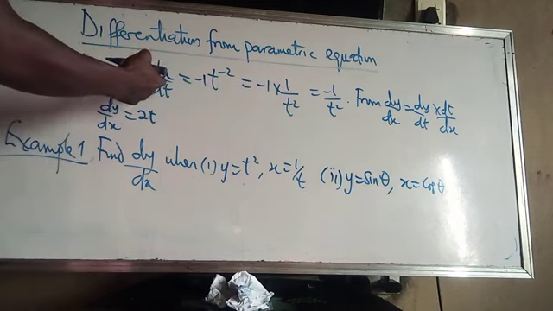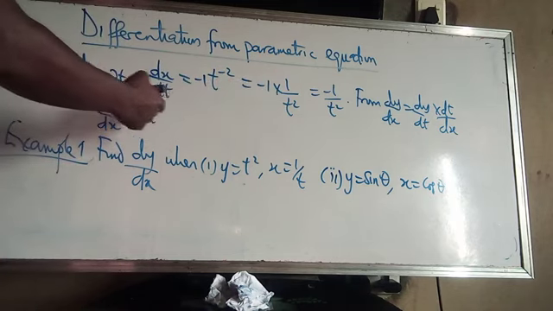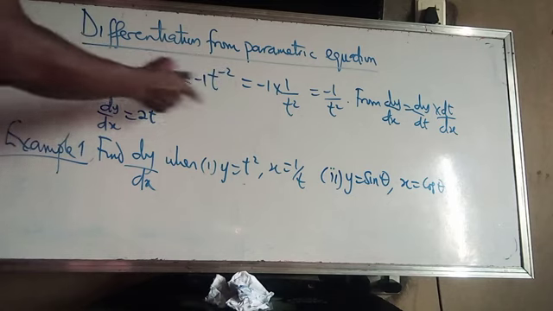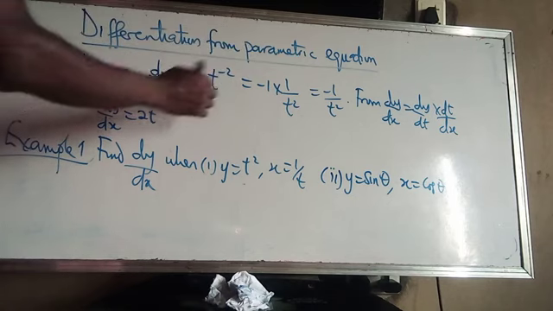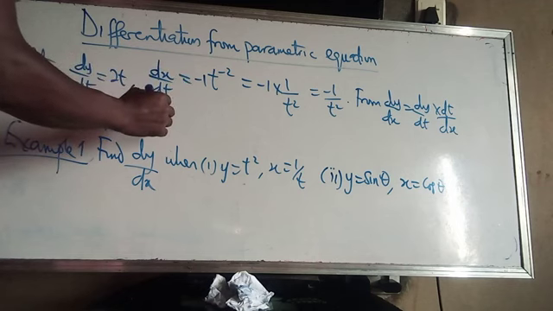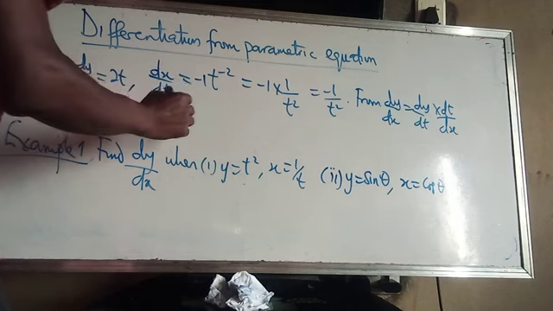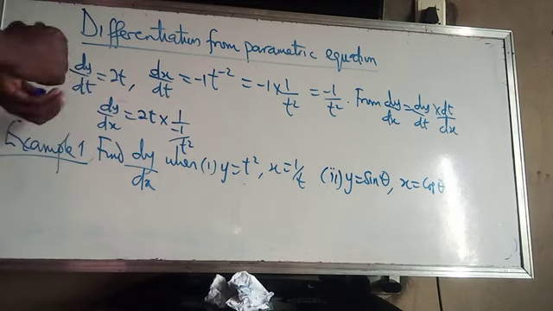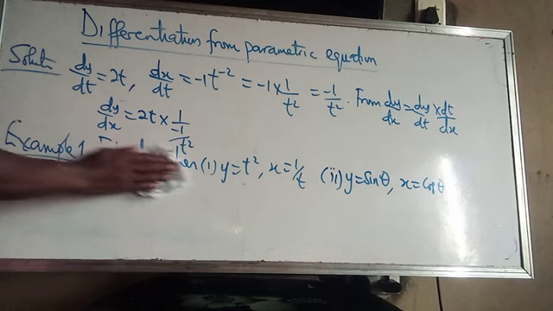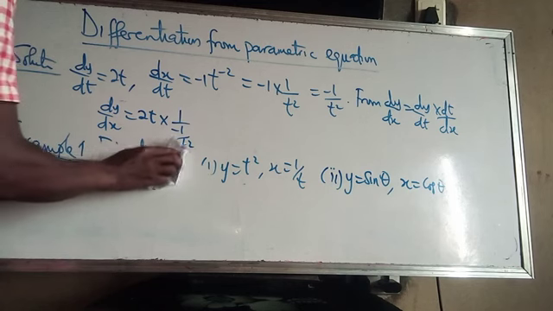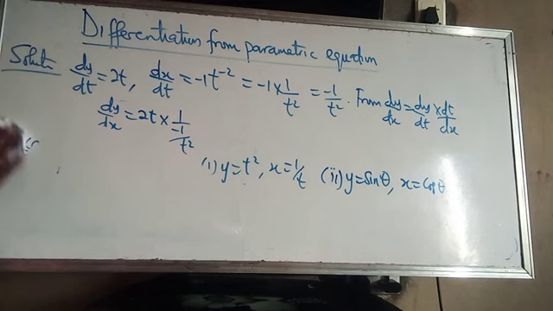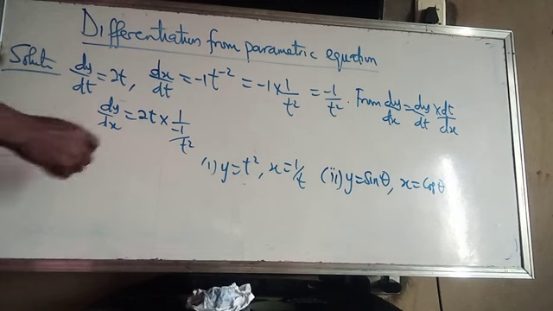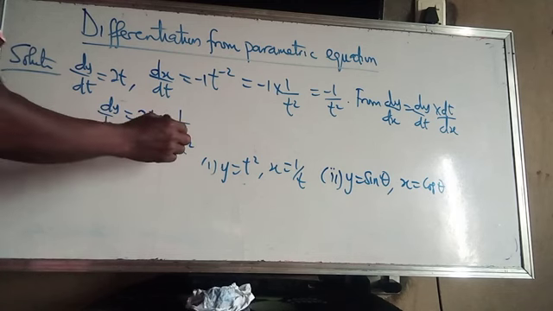We got dx/dt, so that means we have to find the inverse of that. That is, dt/dx will now be the inverse of minus 1 over t squared.